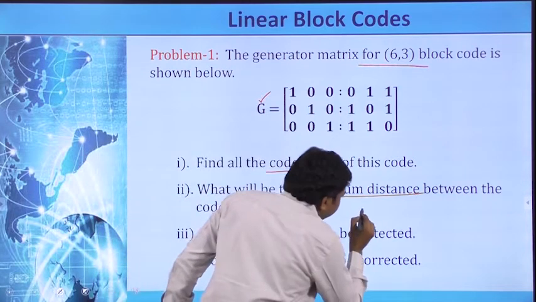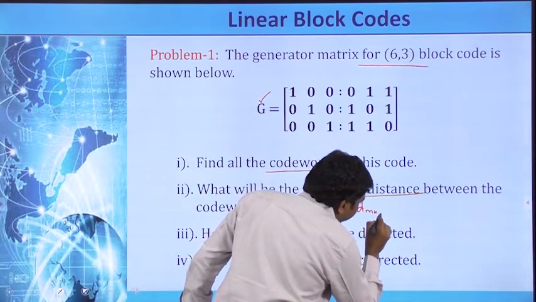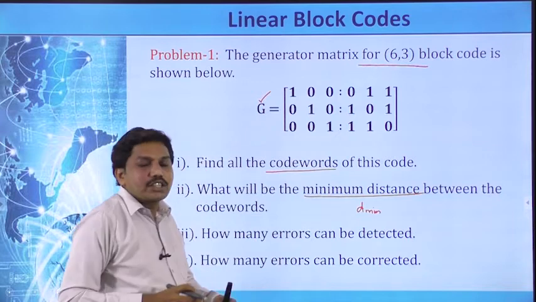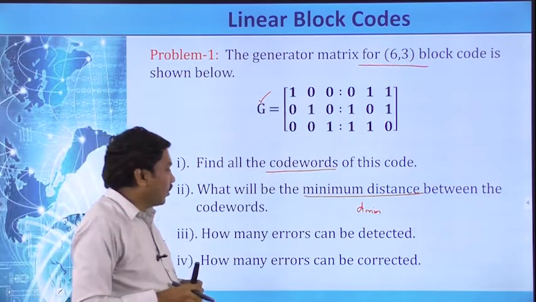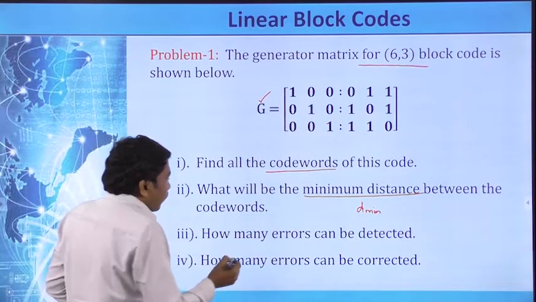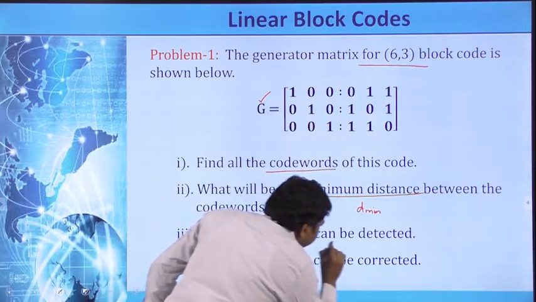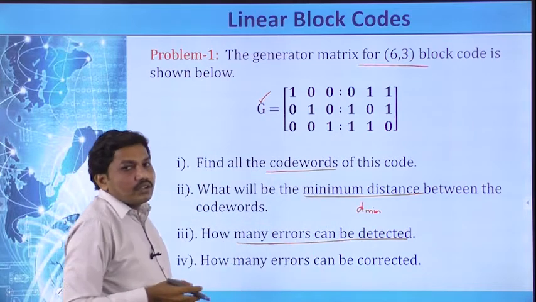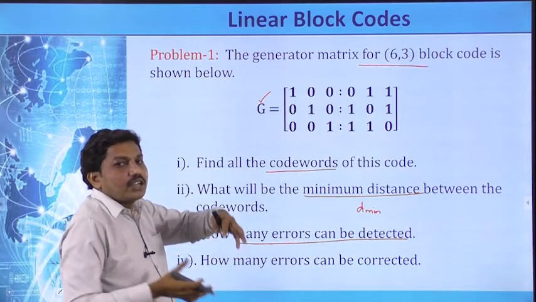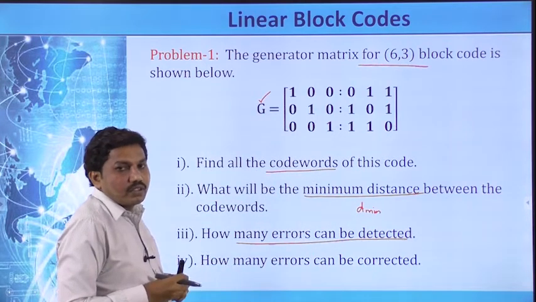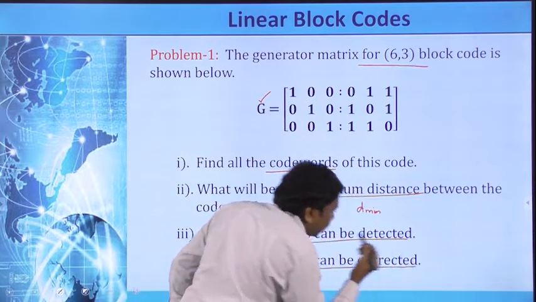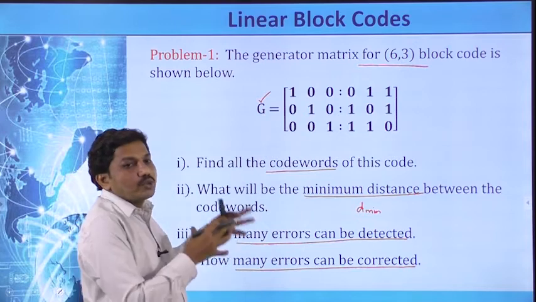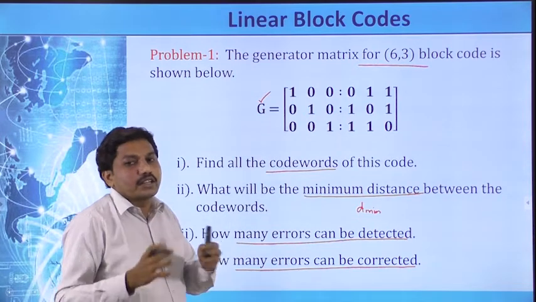Minimum distance means d minimum, that is the smallest Hamming distance between any pair of code words. Third, how many errors can be detected by this code? The last one is, how many errors can be corrected with the help of this code?